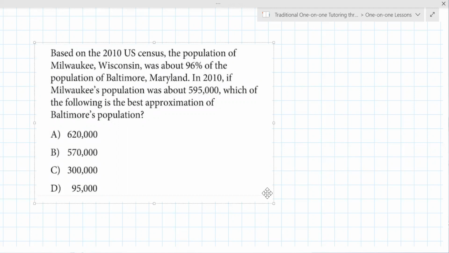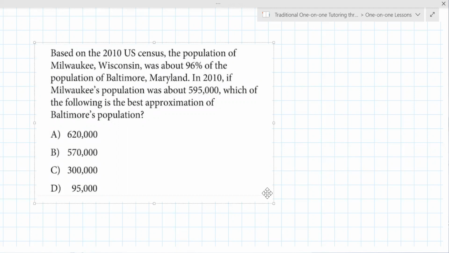If you need to read it again, you can read it to yourself. You don't have to read it out loud, but I want you to give this one a try on your own. Okay. Based on the 2010 US Census, the population of Milwaukee, Wisconsin was 96% of the population of Baltimore, Maryland. In 2010, if Milwaukee's population was about 595,000, which of the following is the best approximation of Baltimore's population?